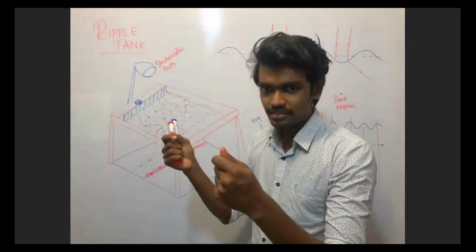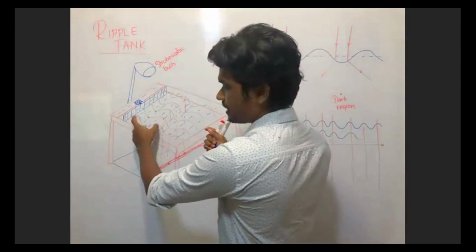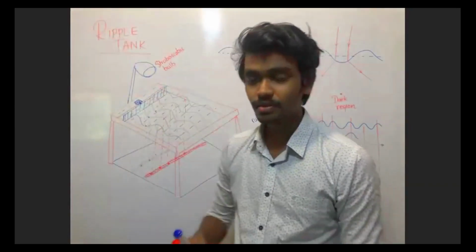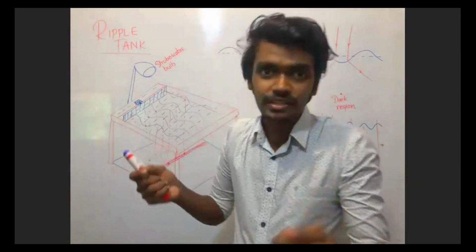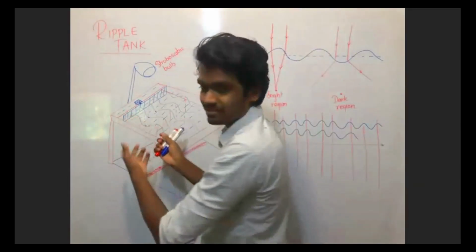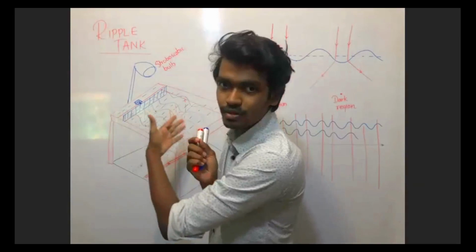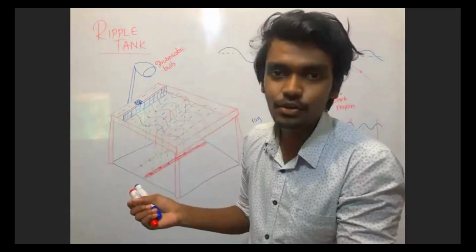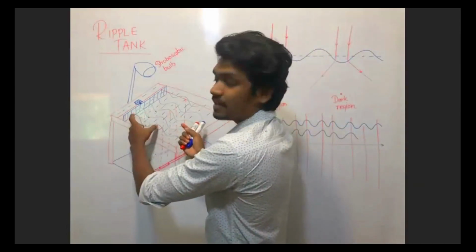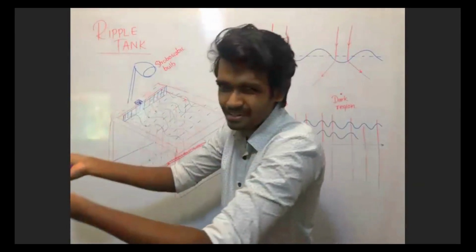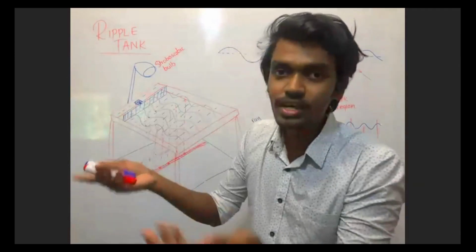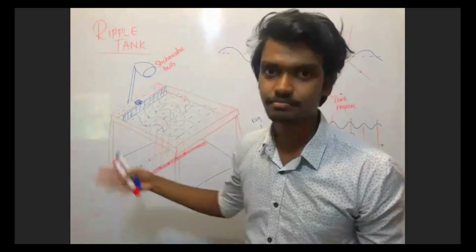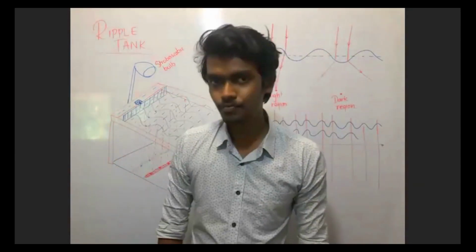If you take the ruler and go and measure this, it's not going to be still, right? It's going to move. It's also impossible to measure the wavelength of a water wave by placing the ruler in a ripple tank on this water surface. It's not going to be possible.